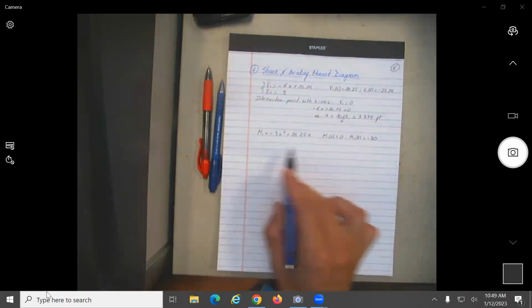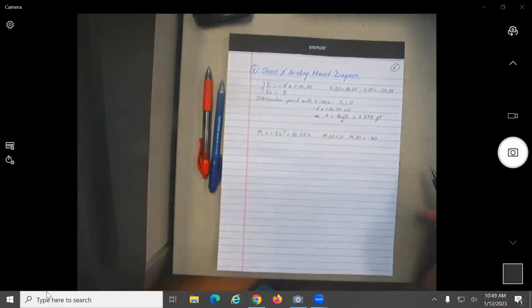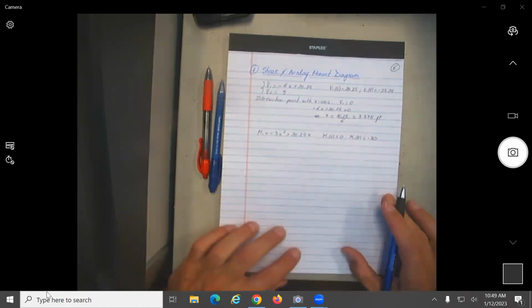This one is kind of a quadratic, so probably we need to find the location of the extremum. Even though, do we already know that or not? Let's just do it since we have time.